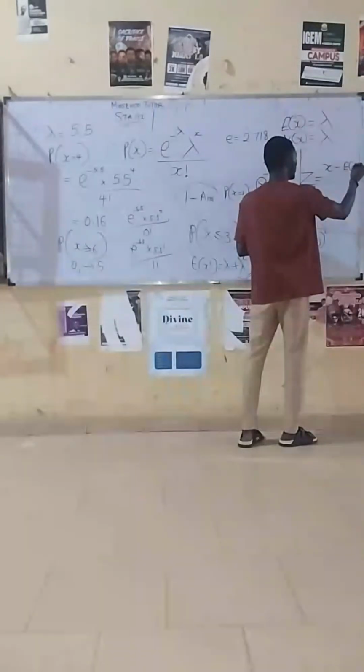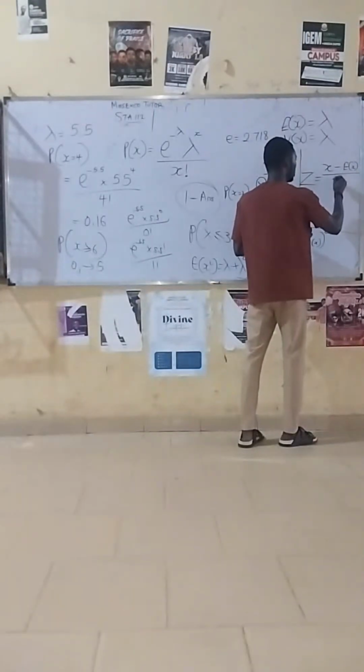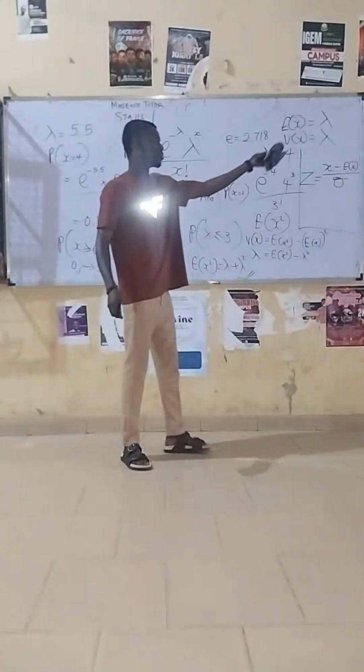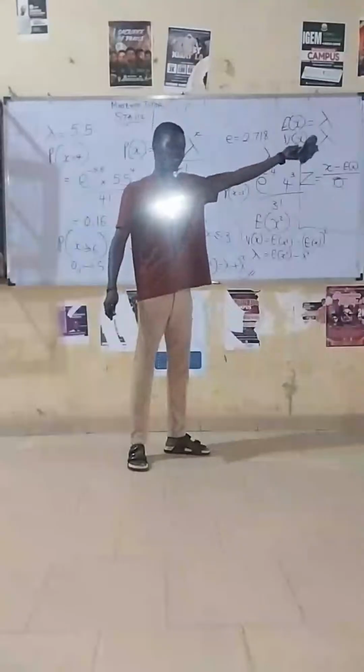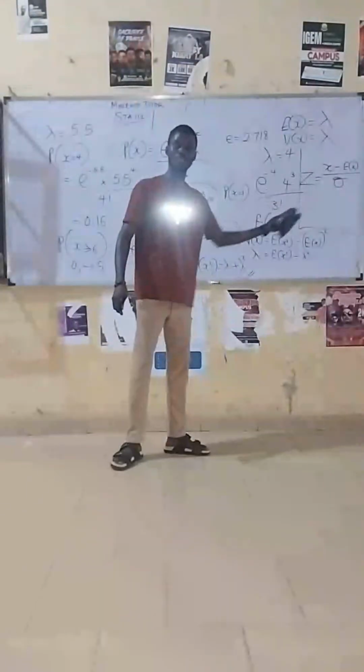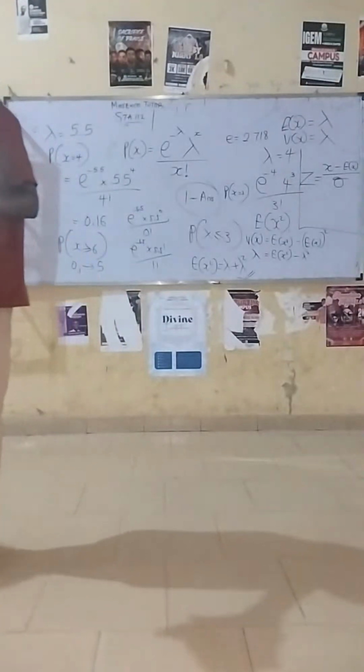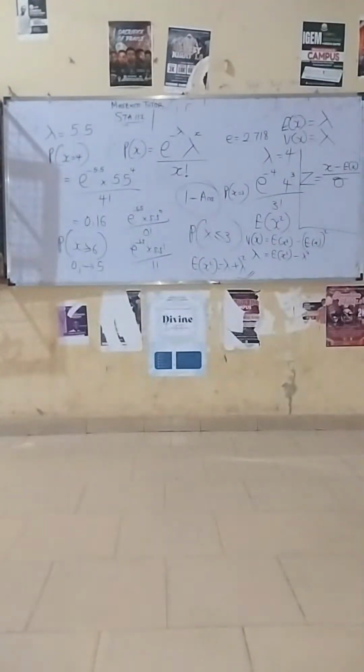So x minus E of x, all over what? Standard deviation, right? In some cases, you may not be given your standard deviation, you might be given variance. And standard deviation is the square root of variance. So that's for normal distribution. Although it's more than that, that's the part that I know.